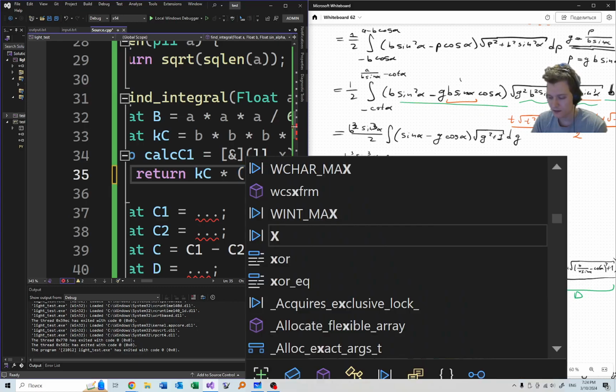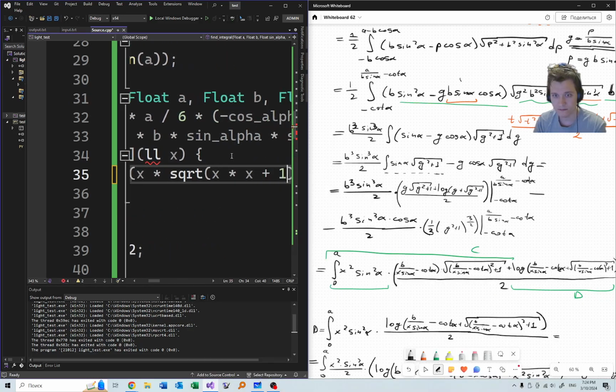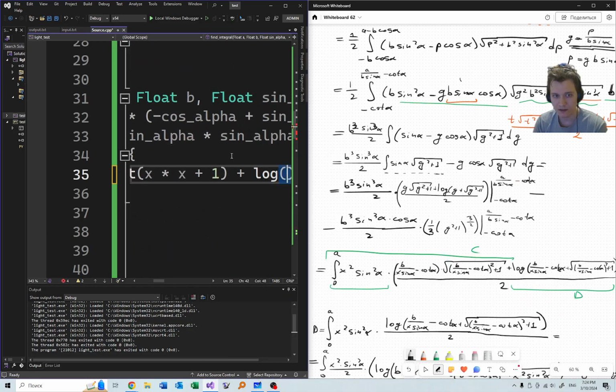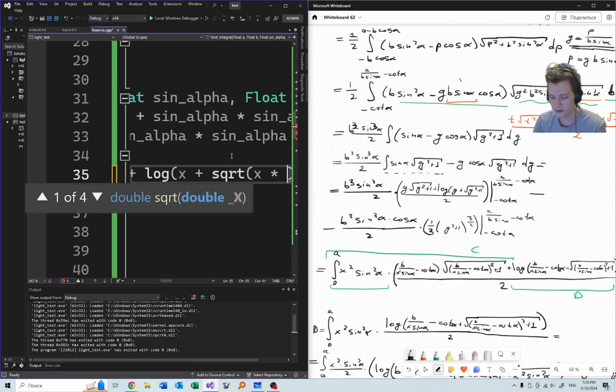Here we have x times square root of x times x plus 1 plus logarithm of x plus square root of x times x plus 1.